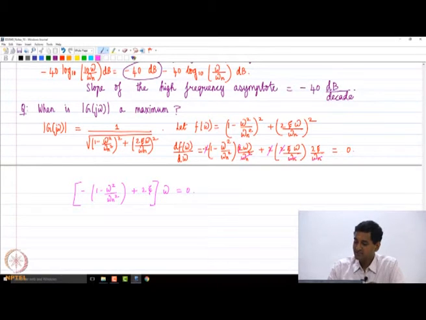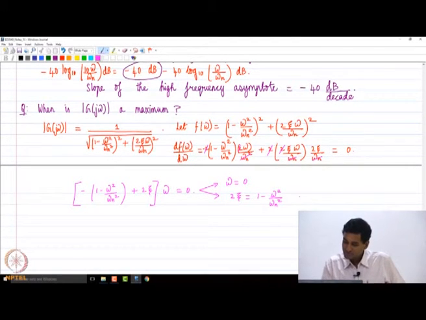Obviously, omega equal to 0 is one particular solution, or the term within the square bracket is 0, which implies that 2 zeta squared is going to be equal to 1 minus omega squared by omega n squared. Sorry, this should be 2 zeta squared.